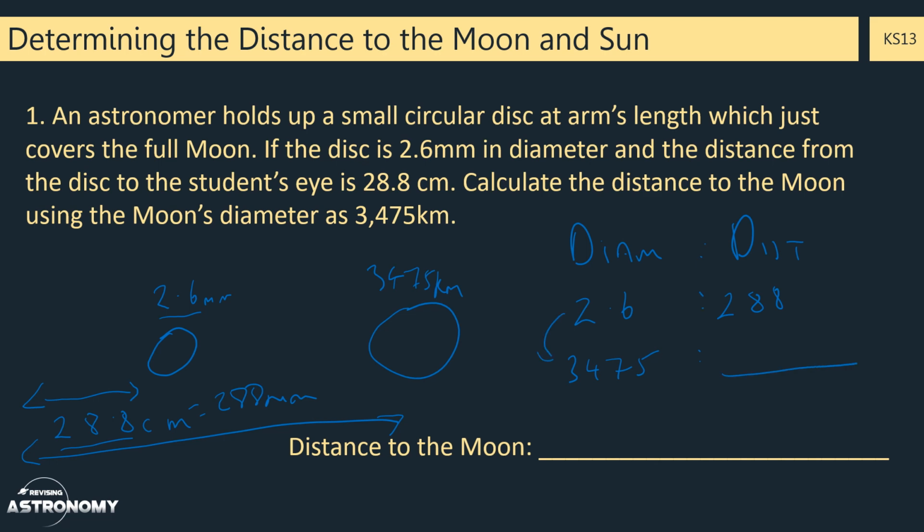So what do we need to do to get from 2.6 to 3,475? Well, we need to multiply by 1,336.5 or so. So we do the same on the other side, and if we do that, we get 384,923. So the equivalent distance to the moon would be 384,923 kilometers.